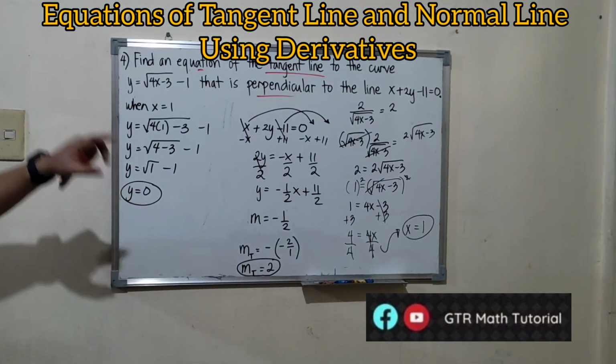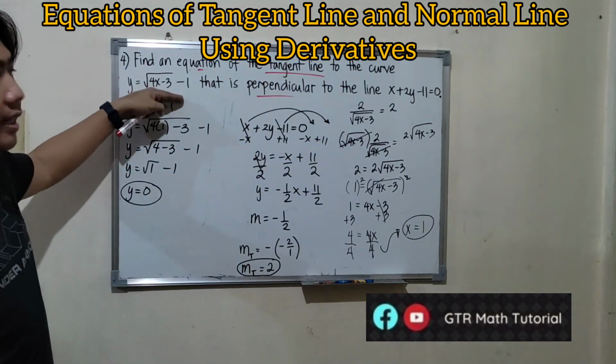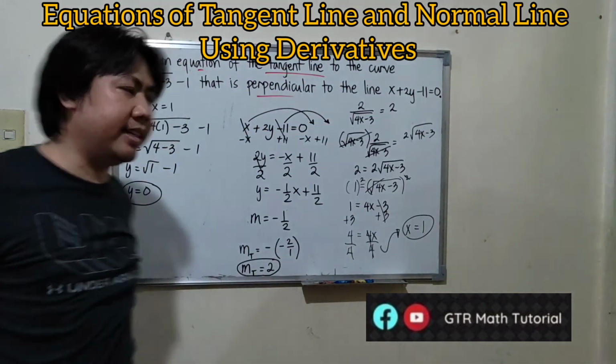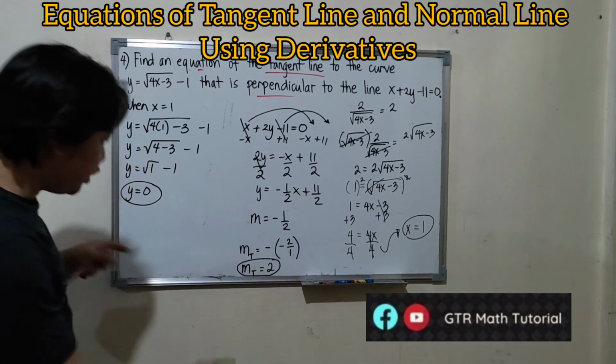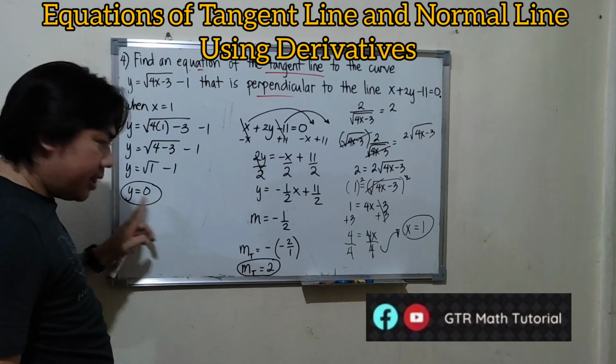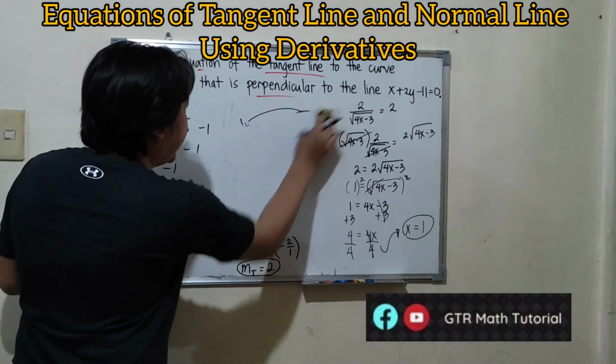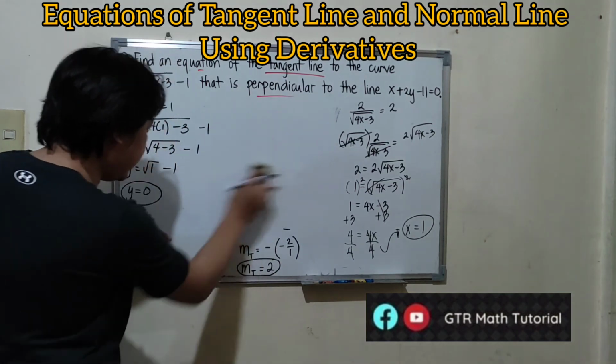So we can now solve the equation of the tangent line to this curve. That is perpendicular to this line. So simply substitute all the given. We have, so this is x sub 1, y sub 1, and we have the slope. Okay? So let's erase this first. We have no more space.